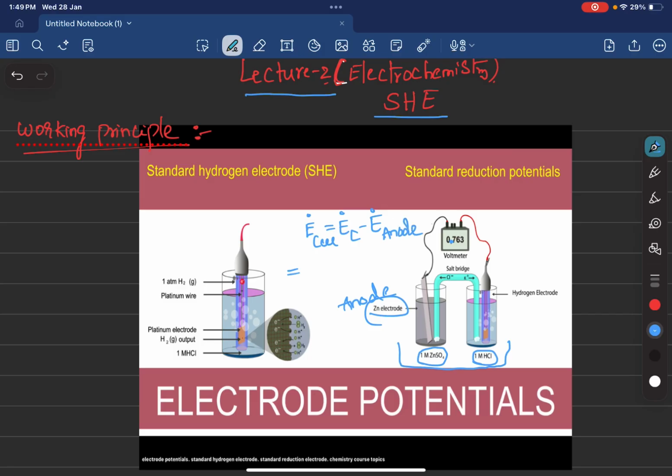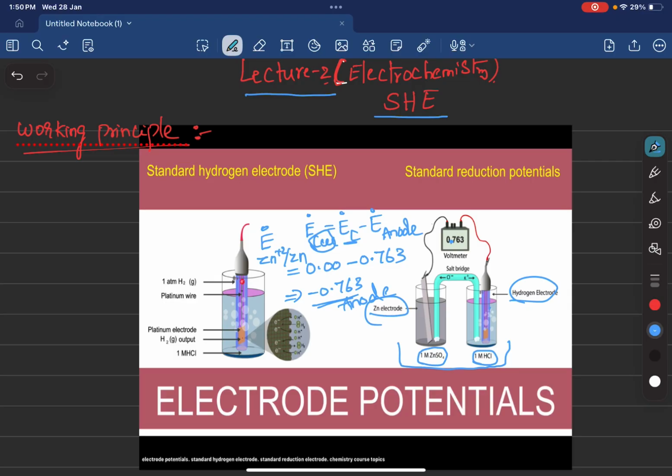The E0 cathode value will be 0 because it is the hydrogen electrode, SHE, and the E0 cell is 0.763. So what is E0 for Zn2+ to Zn? The E0 Zn2+/Zn value is minus 0.763.